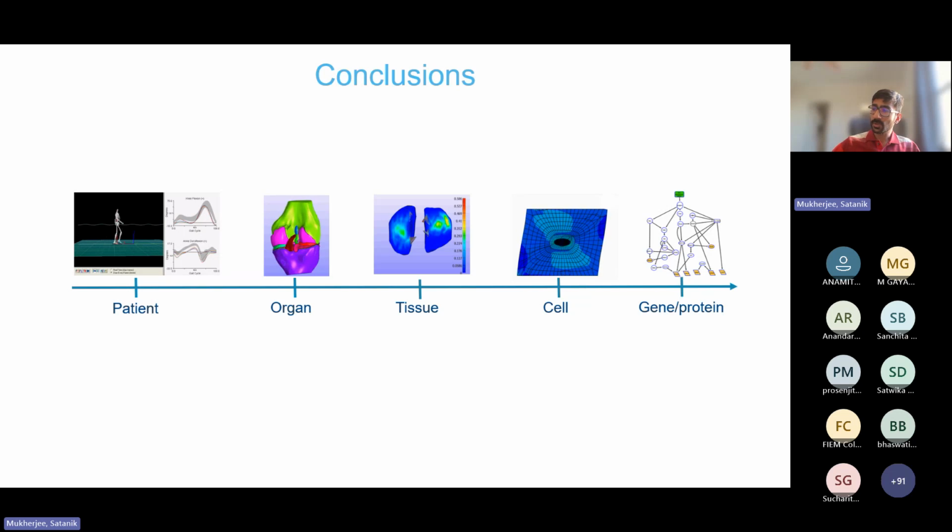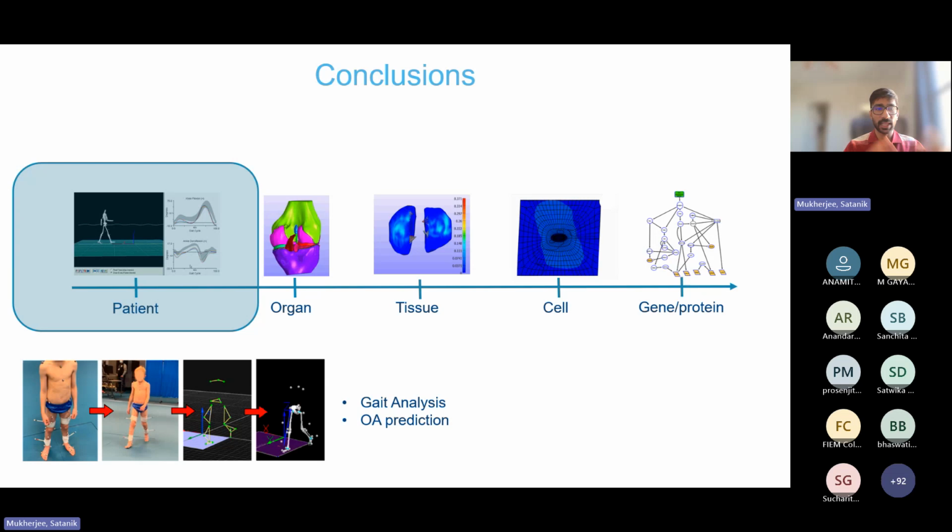So with this, I'm going to conclude today's talk. I would just like to highlight the things that we discussed. I tried to bring this whole perspective of multi-scale approaches to understand and to provide therapeutic strategies for osteoarthritis, going from the patient level to the intracellular level, and how you can change the intracellular behavior of cells using synthetic biology techniques.